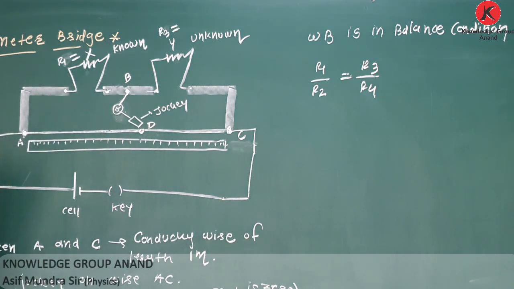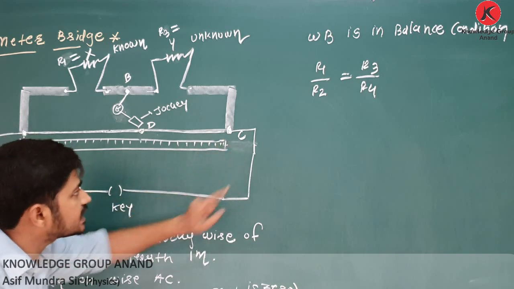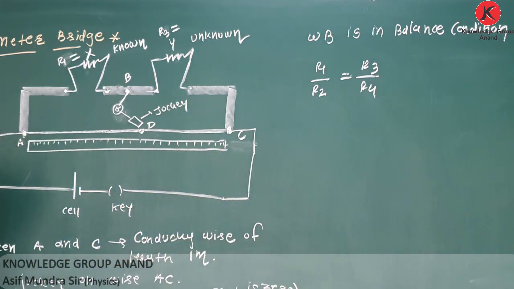Clear about this? Now what about R2? The resistance of wire AD is called resistance R2. The resistance of wire DC is called resistance R4.